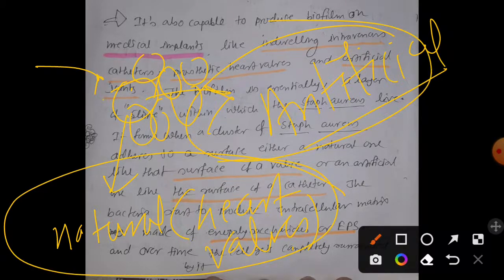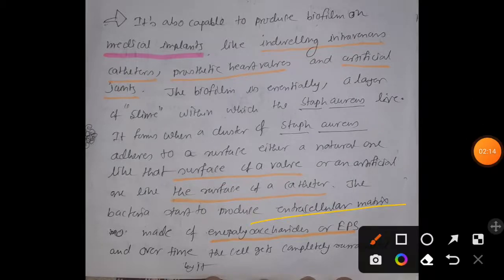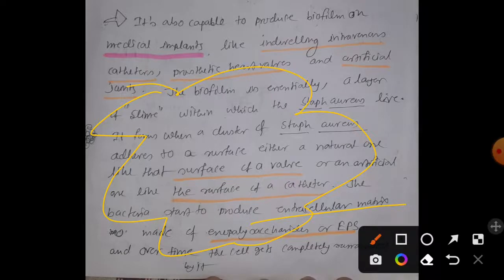Now after adhering, they will start producing a special type of matrix called extracellular matrix. With time this extracellular matrix will surround the bacteria.